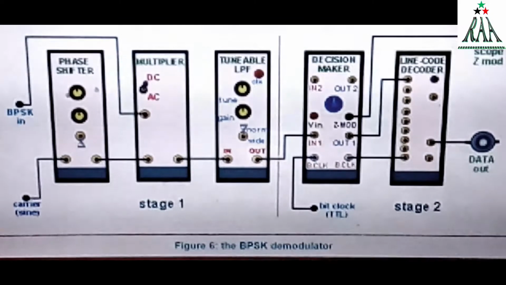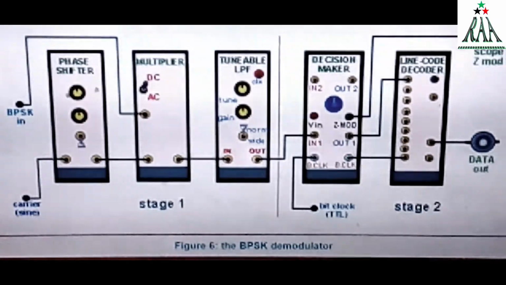Now we will discuss the demodulation of the BPSK signal. The shown schematic circuit diagram is used for demodulation of BPSK. As we saw previously, we are using a line code encoder to encode our signal into a particular line coding scheme.